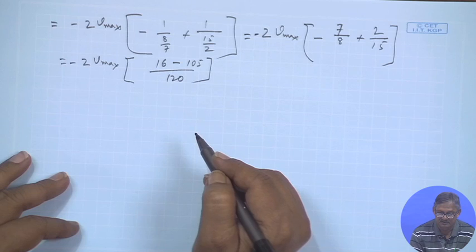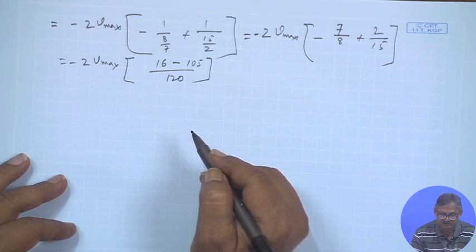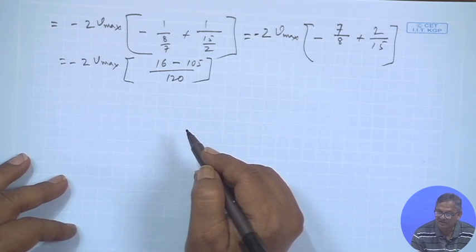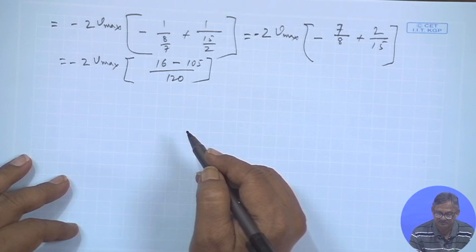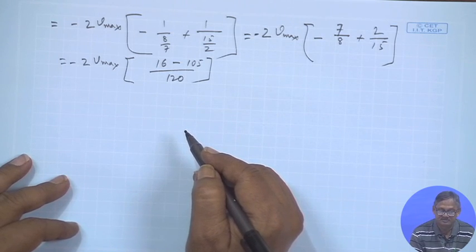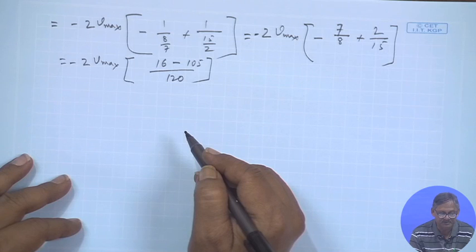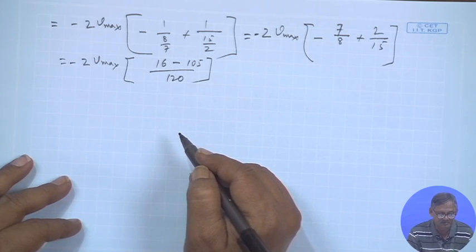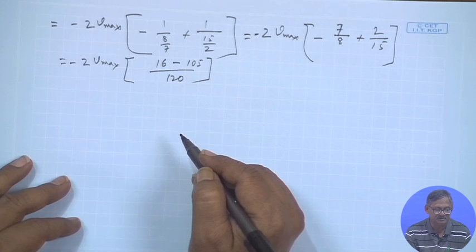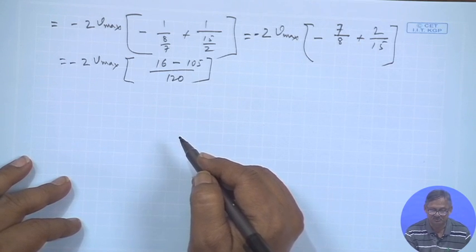If we take 7 common, so 7 by 15 and 7 by 8, no, this 15 by 7, how come it is 2?